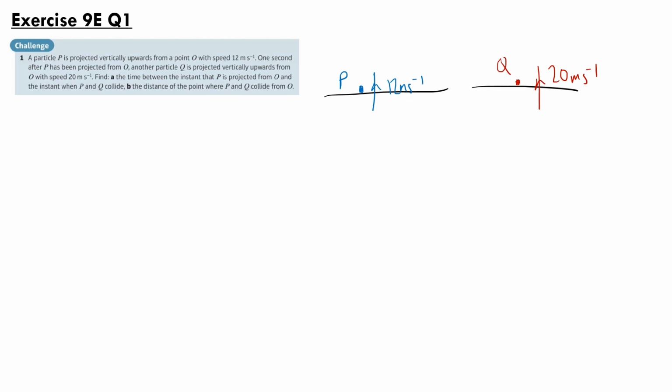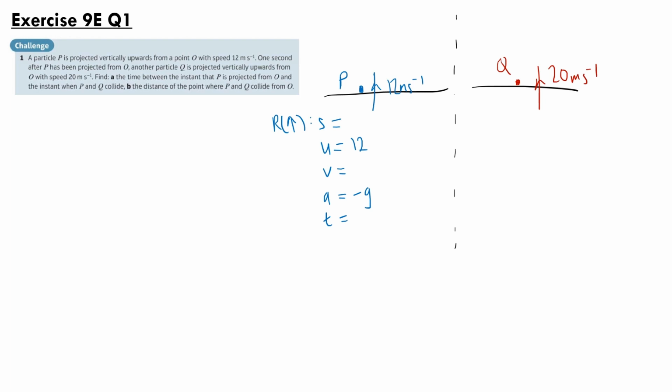Okay, so doing suvat first, if we focus on P. If we resolve upwards, we have s, u, v, a, and t. So we know that the initial velocity is 12, and the acceleration is minus g due to gravity.